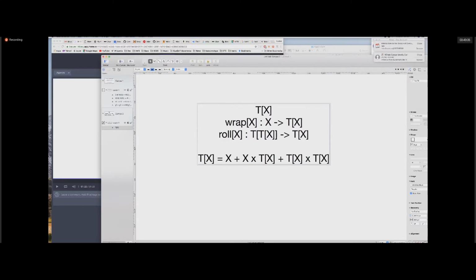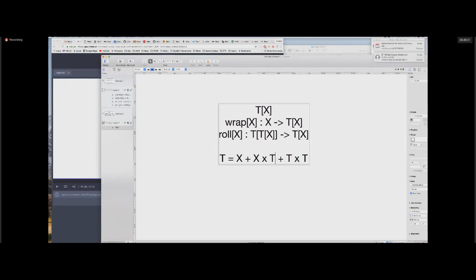Now we can take the derivative. If I get rid of the X's for a minute, let's just take this out for a moment. So we understand that T is a kind of recursion variable.